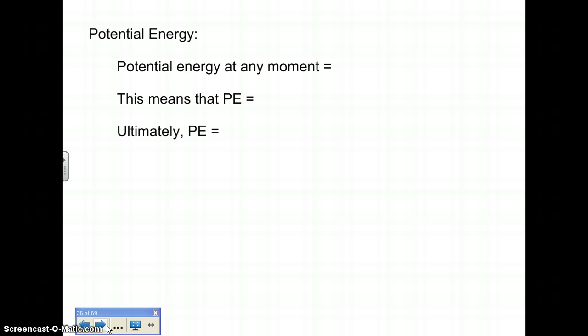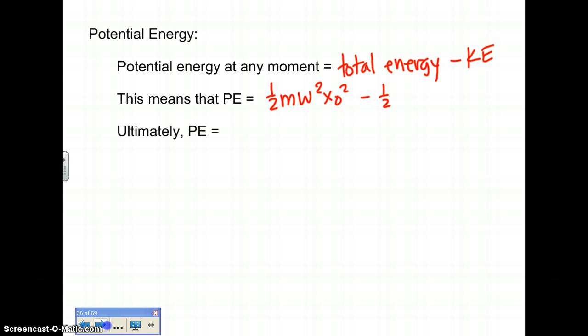So now let's move our conversation over to potential energy. Potential energy at any moment is going to be total energy minus your kinetic energy. This means that PE is going to be total energy, which you just got from the previous slide, 1/2 m w squared x sub 0 squared, minus 1/2 m w squared times x0 squared minus x squared.